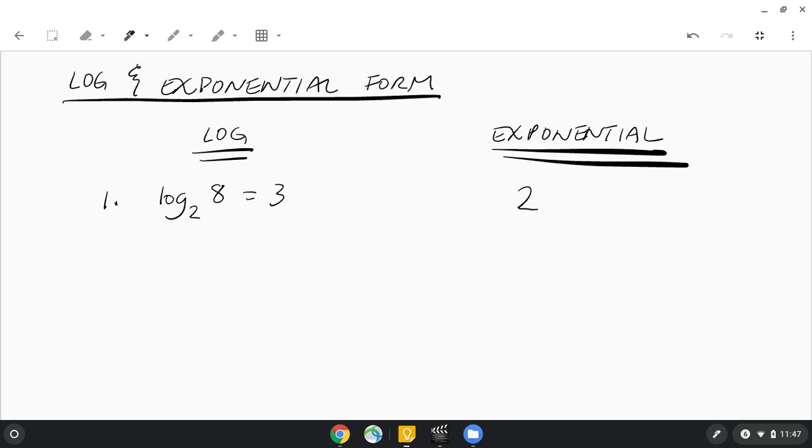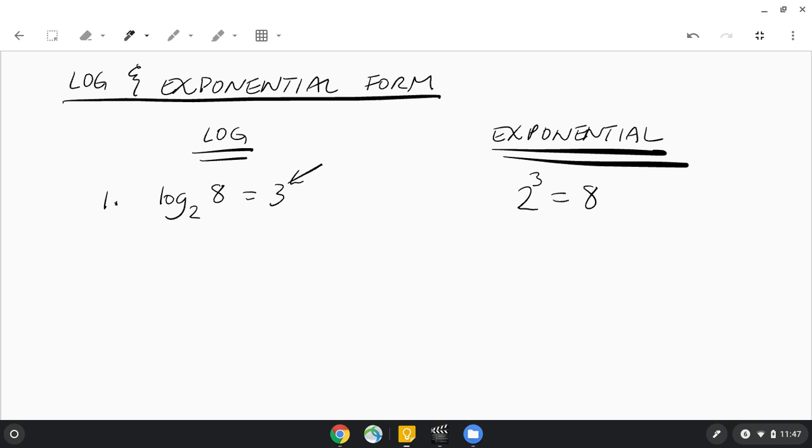And like I said up above, the exponent is this outside number. So it's going to be base 2, exponent 3, and that should equal the inside number, which it does. 2 to the third power is 8.